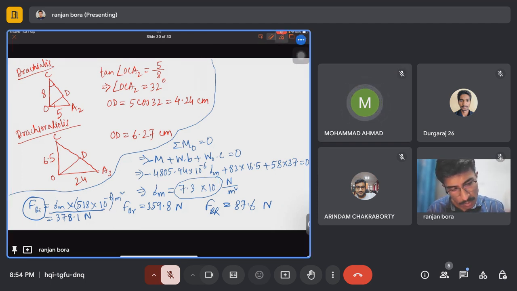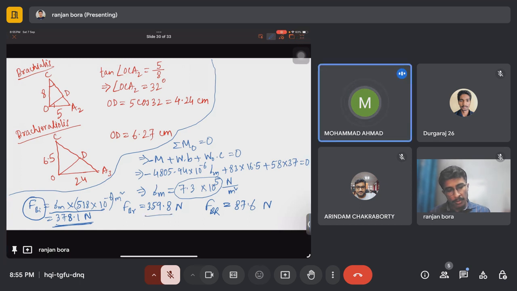Yeah, I think this will be this one. 10 to the power 5 Newton per meter square. So now if we calculate sigma m, if we calculate now FBI, it will be this value only. Can you please check?